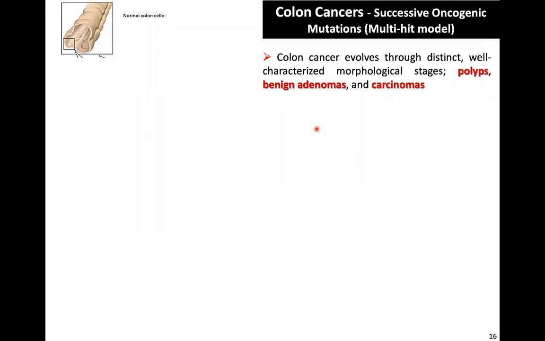Generally, colon cancer evolves through distinct, well-characterized morphological stages, starting with polyps, then benign adenomas, then carcinomas. You can see here in the figure a normal colon, and we'll talk about what is happening in a section of the mucosal layer of the colon.